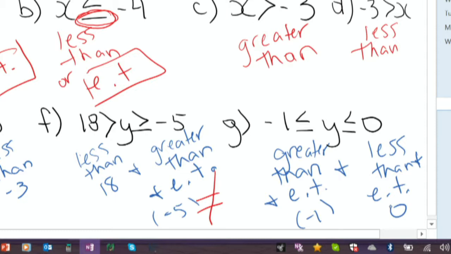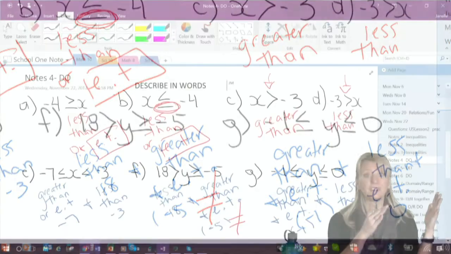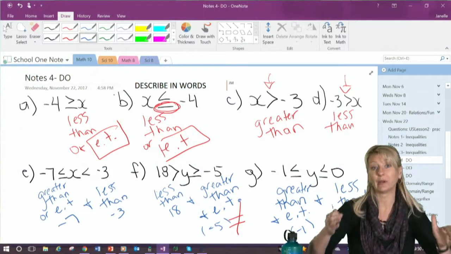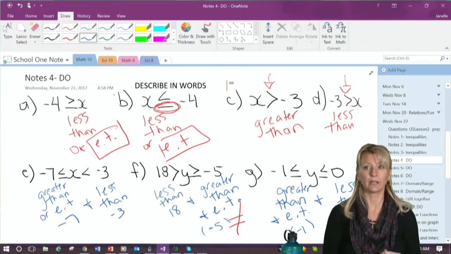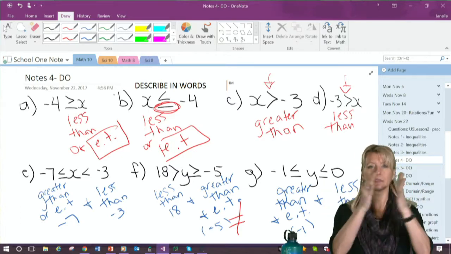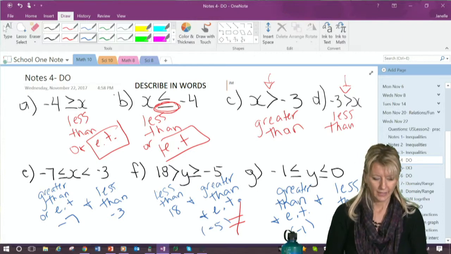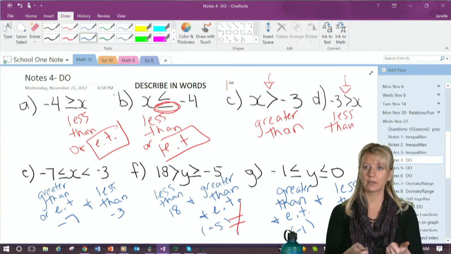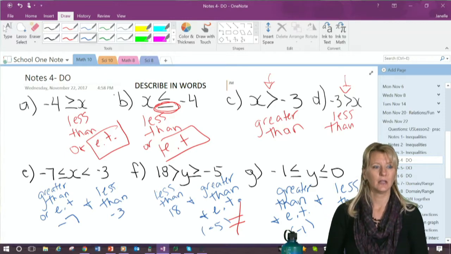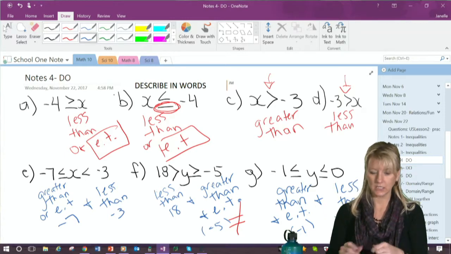So that one basically goes from 0 to -1. So it's going to be all the decimal numbers between 0 and -1. So that one's got a small range, but it does have a range, right? So it's just showing, sorry, it has the range because I'm talking about y's, not x's. Okay, so everyone cool with this? Anyone got questions about how to say them, how they should be worded? Anything?